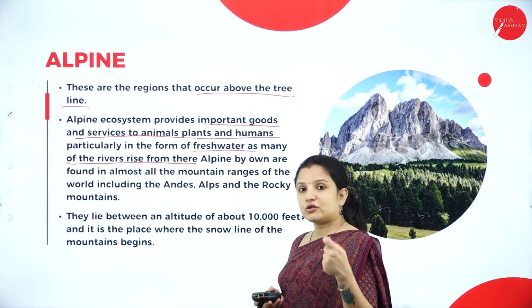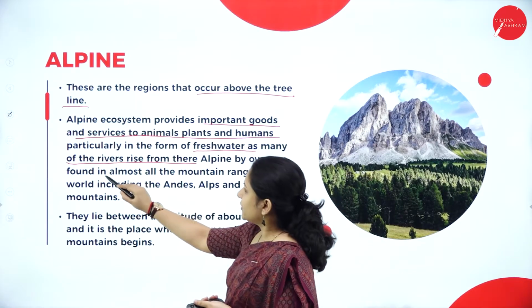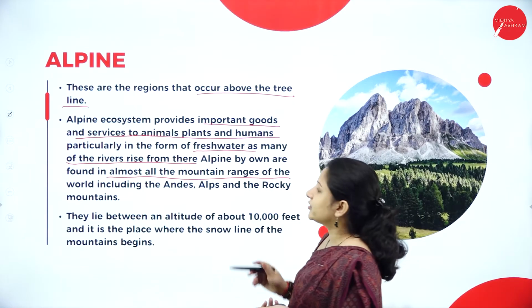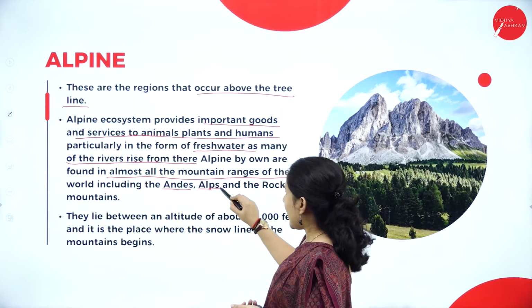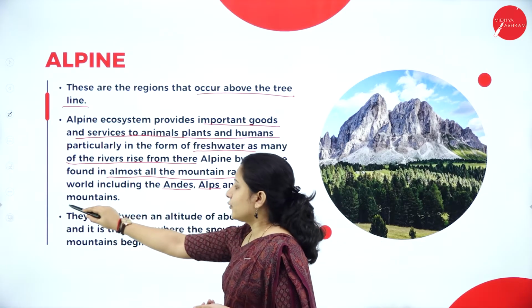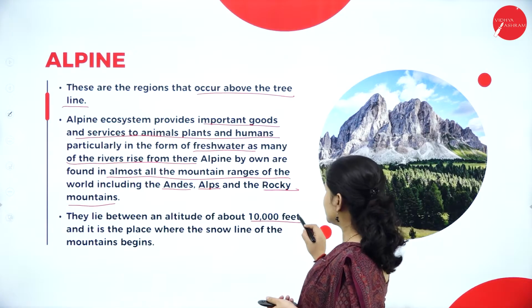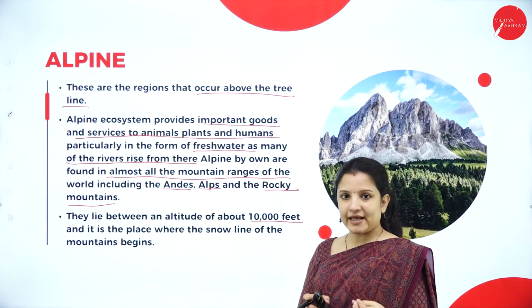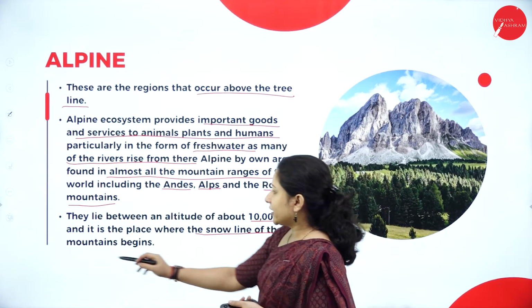Most of the rivers rise from the alpine, and the alpine zone is usually found in almost all the mountain ranges of the world, including the Andes, the Alps and the Rocky Mountains, and it lies at an altitude of about 10,000 feet, and it is this place where usually the snow line of the mountain begins.